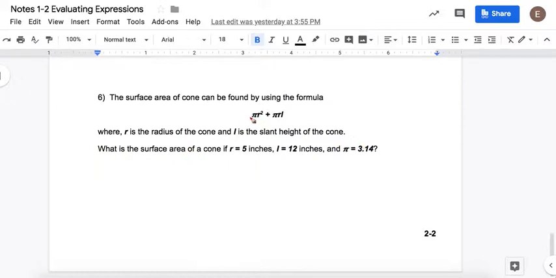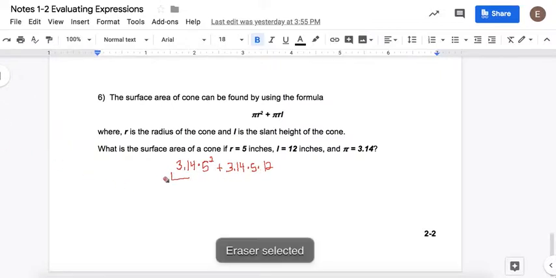So we're going to write this down as pi is 3.14 times the radius, which is 5, squared, plus pi, which is 3.14, times the radius, which is 5, times the length, which is 12. Now, you'll notice this often happens in surface area problems where I have multiplication in two different groups separated by an addition sign. So we have one group here and one group here.